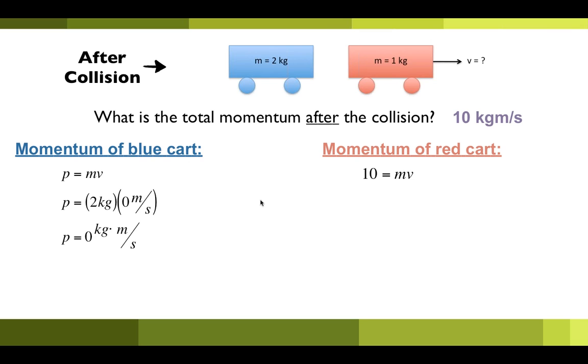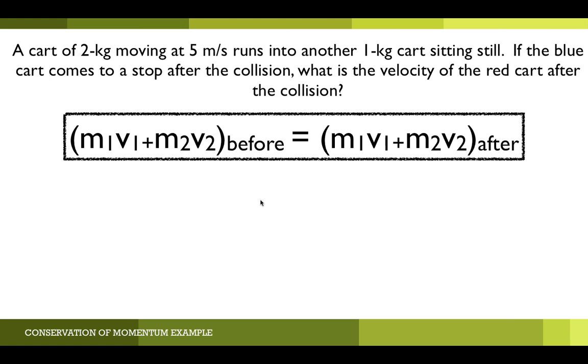So 10 is going to equal its mass times its velocity. So plug in our mass of the red cart as 1 kilogram, and we're trying to solve for velocity. So at that point, you divide both sides by 1, and we get a final velocity of 10 meters per second. So that's how fast the red cart is going to go after they collide.